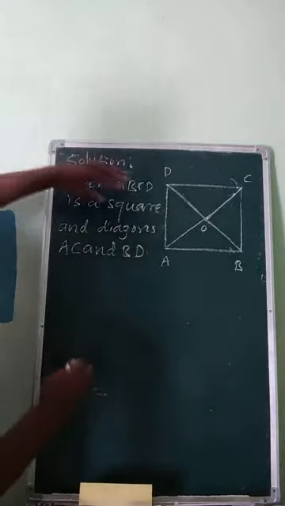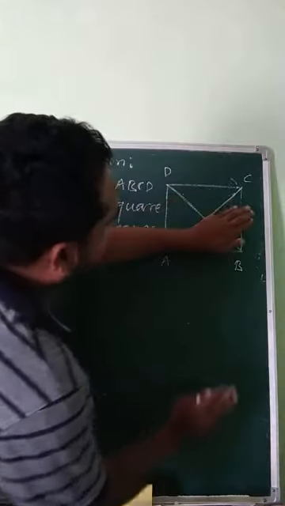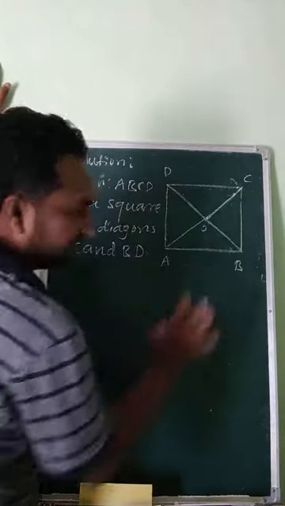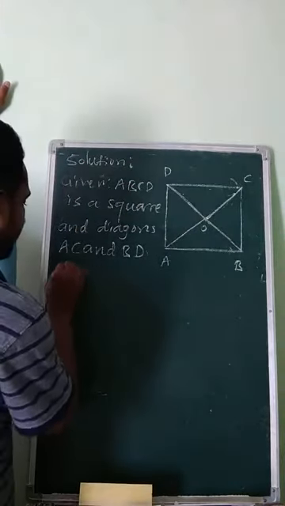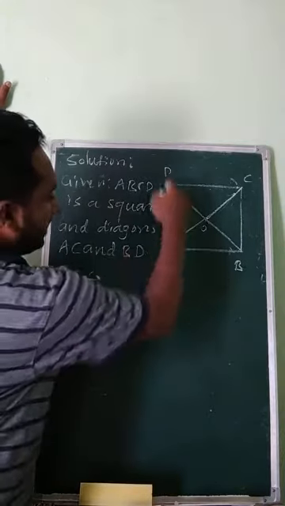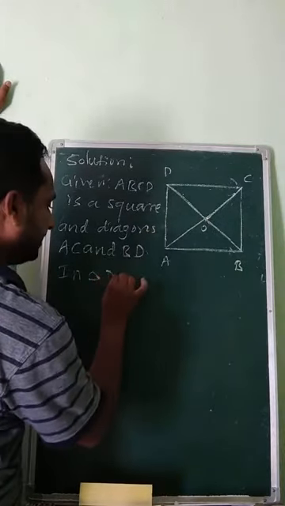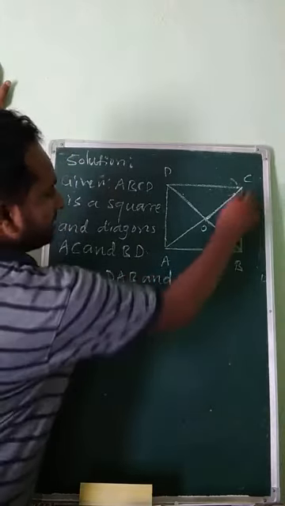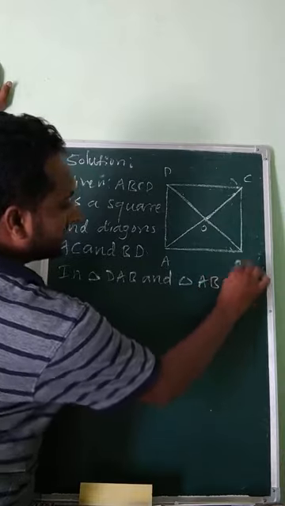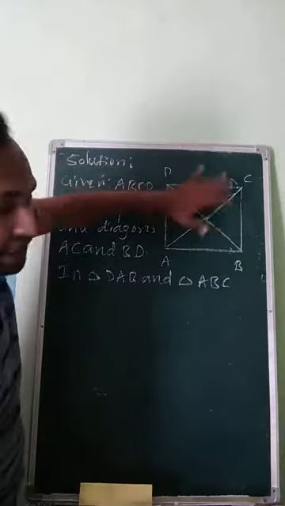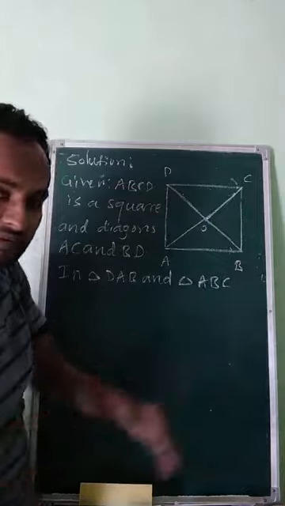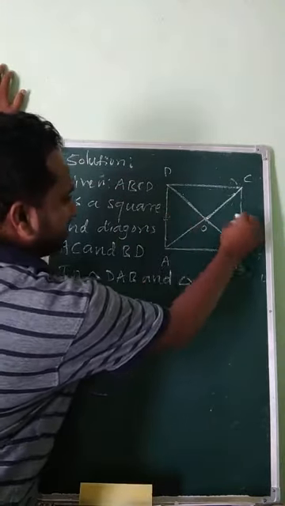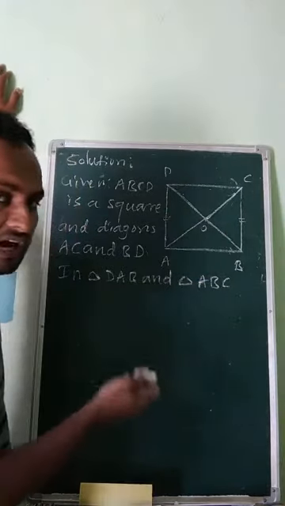Now see, first take one triangle and another triangle. See triangle DAB and triangle ABC. Now make them congruent by finding three equal elements. In this triangle, can you say this side is equal to this side in the other triangle? Because all sides are equal in the square.